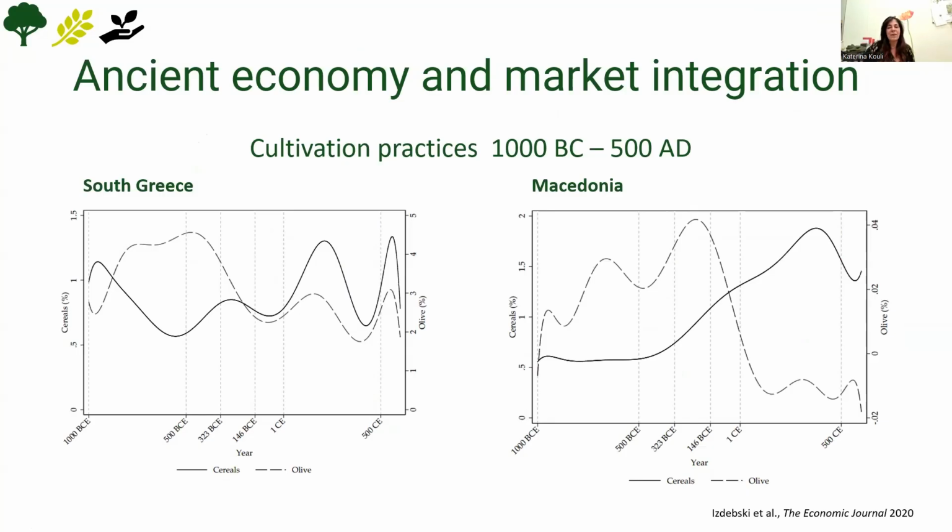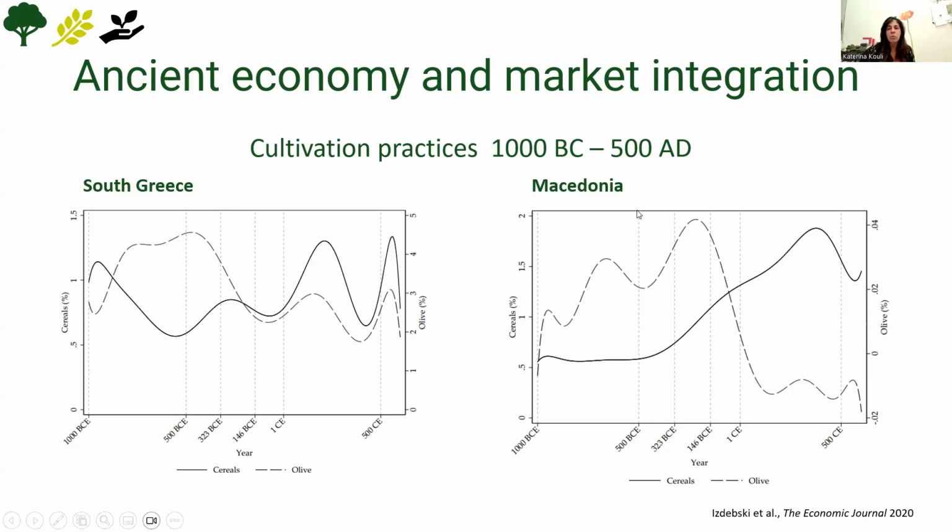Here we use the regional curves of olive and cereals, and you can see them here, the olive and the cereal curves in southern and northern Greece, to try to identify cultivation practices that might point to market differences, because just observe the curve of olives.